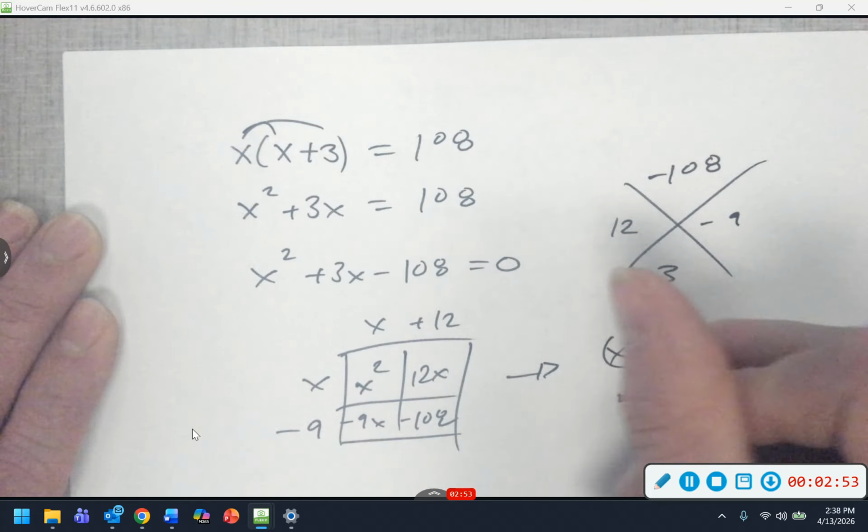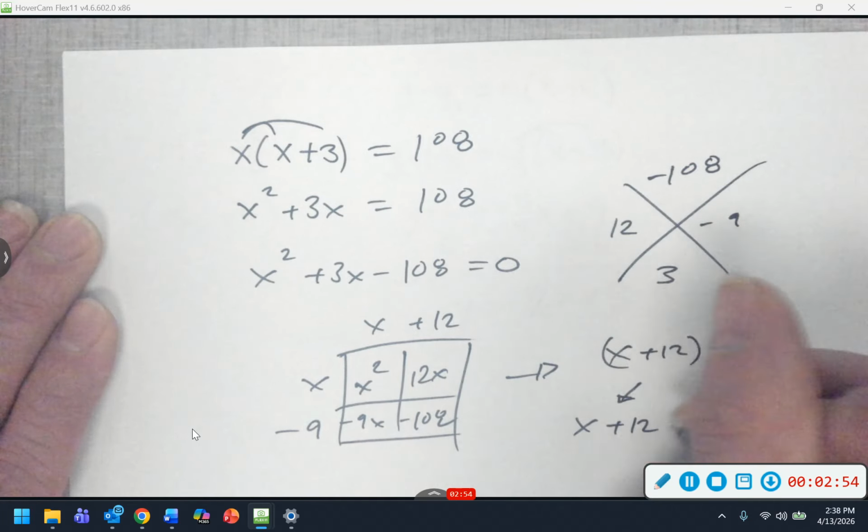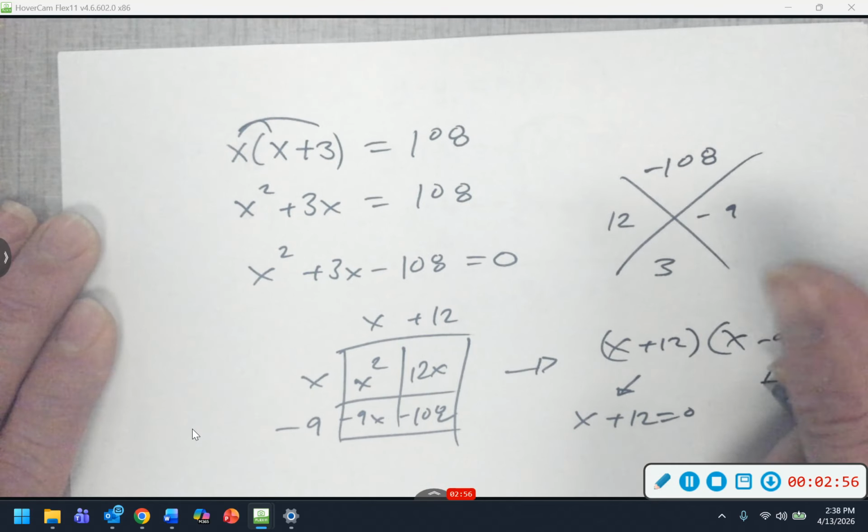I'm going to take each factor and set them equal to 0 and solve for my solutions to this quadratic. Since we're looking at a rectangle, 9 is going to be my better answer, so I'm going to pick that one. I also don't see negative 12 as a possibility. Can't have a negative width of a desk.